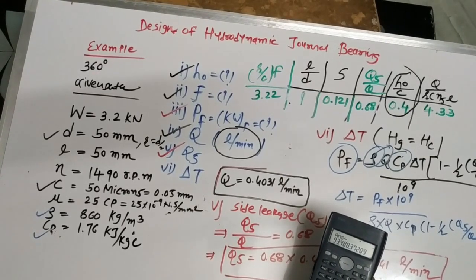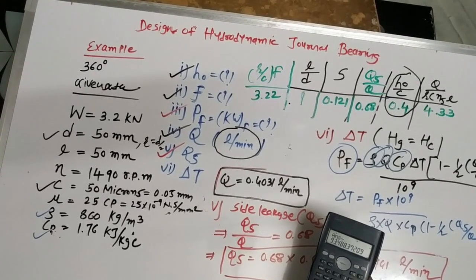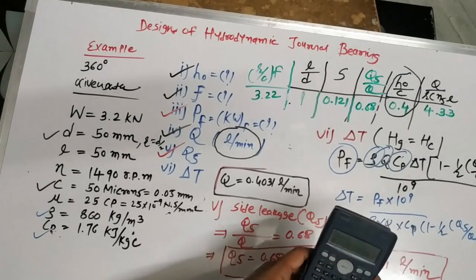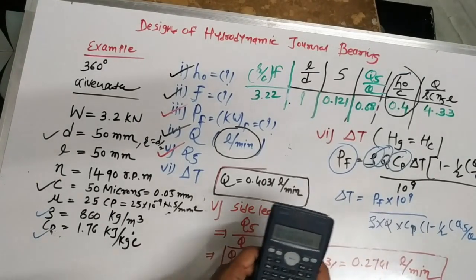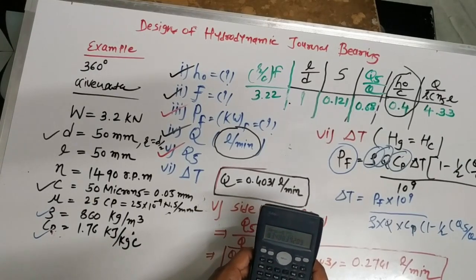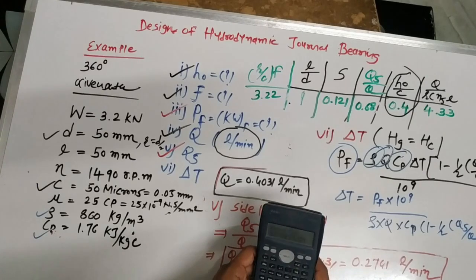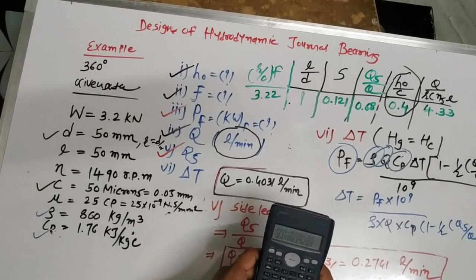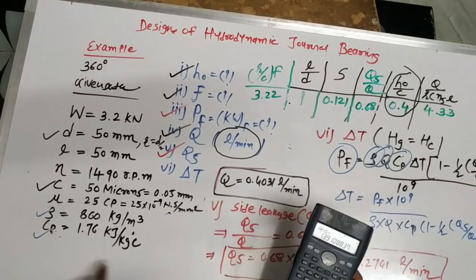So the answer in meter cube per second is 6720.52, right? That we have already seen. That is the answer of Q we have, divided by Cp.